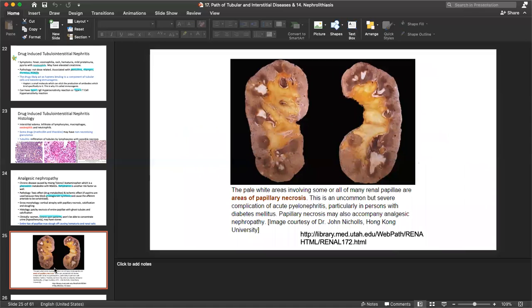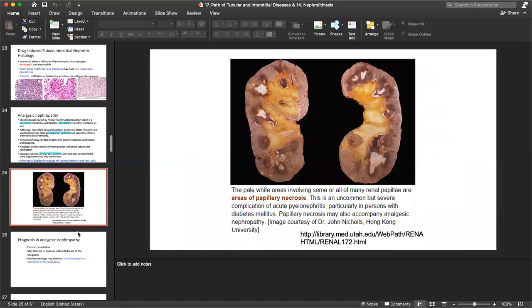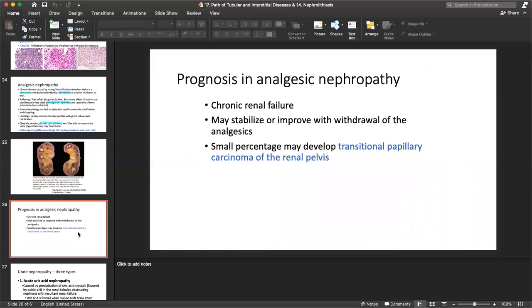And looking at this, we can see those areas of papillary necrosis. So the prognosis in analgesic nephropathy is going to be chronic renal failure. And a small percent may develop into transitional cell papillary carcinoma of the renal pelvis.